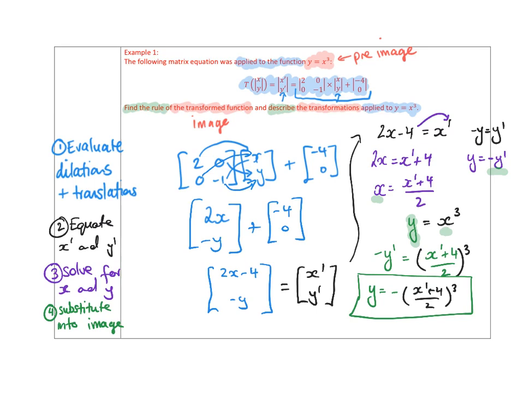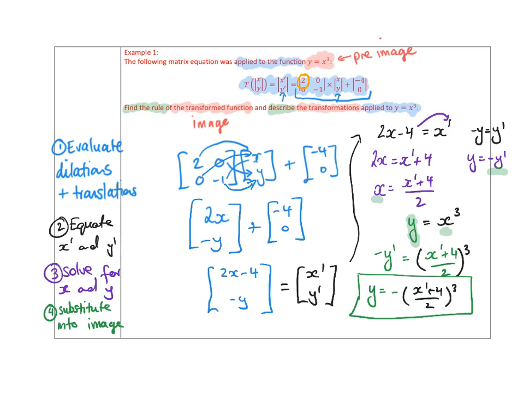So I might make sure that I'm referencing that table in the previous page, and I can see that in the matrix equation at the top, there's a 2 here. And I know that that's going to multiply all the x values by 2.